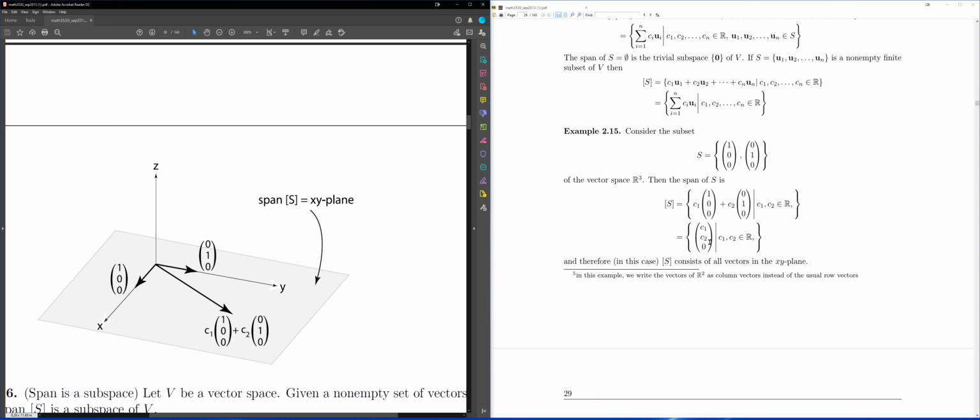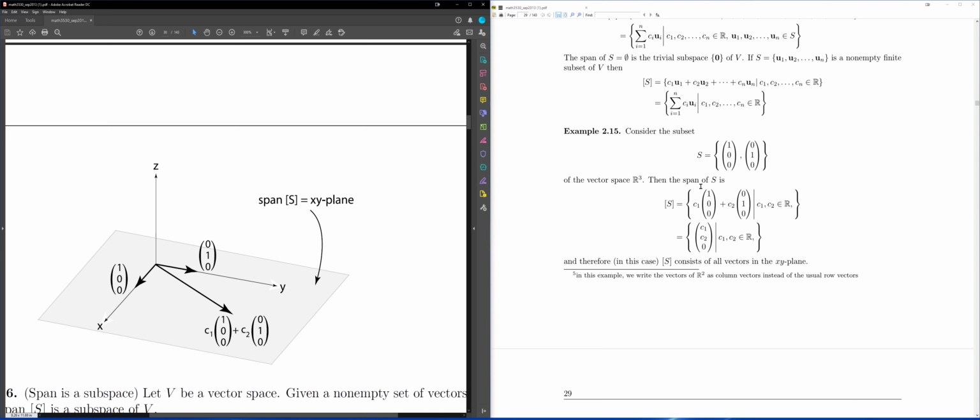So, as we saw last time, by choosing any c1 and c2, I can get any vector I want in my xy plane. I can get this vector for some c1 and c2, or a different c1 and c2 gives this vector on the side here.